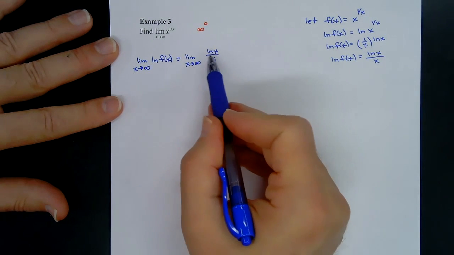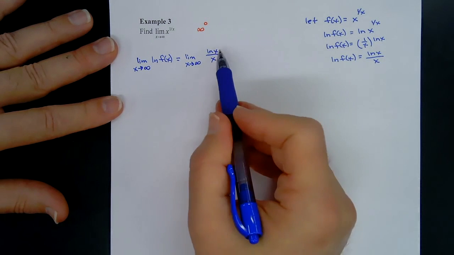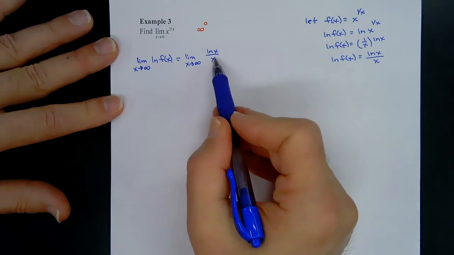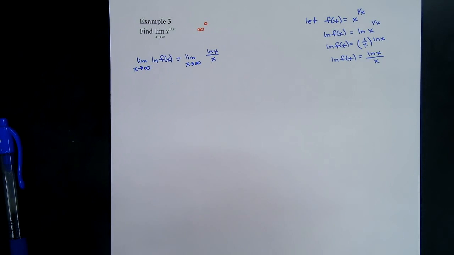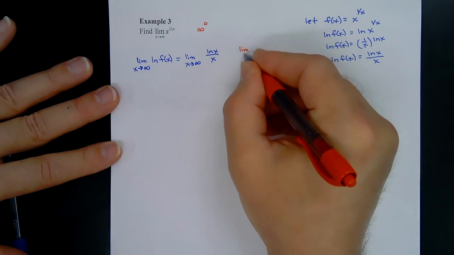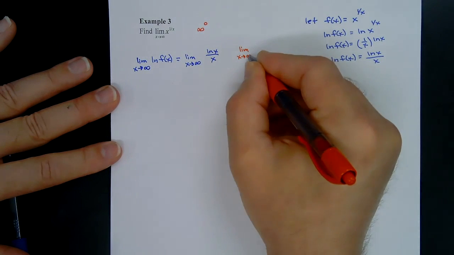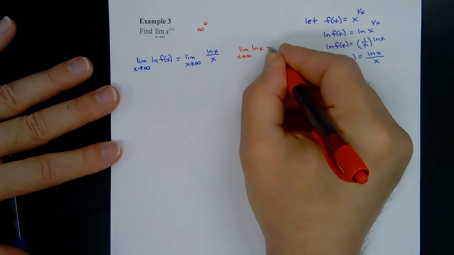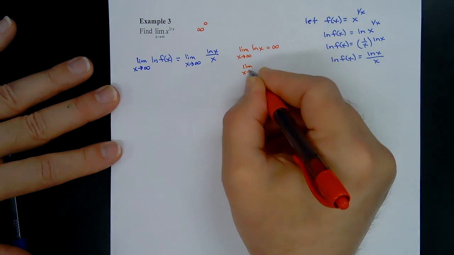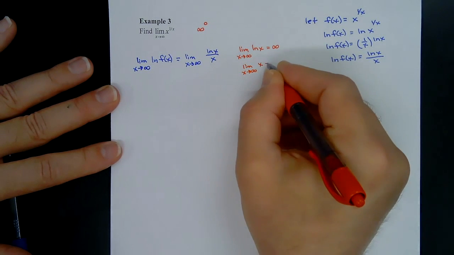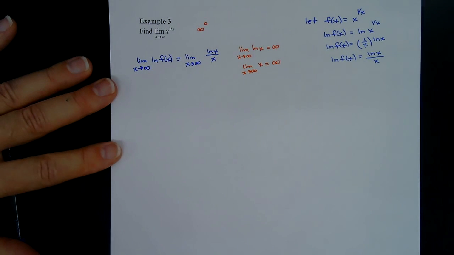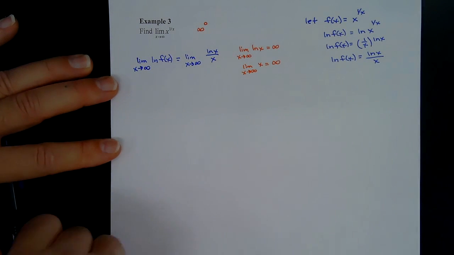Well, the graph of ln of x keeps growing as x gets bigger and bigger, up, up, up. So this is going to be infinity, and this one's also going to be infinity. So we have infinity over infinity. So we have to write the limit statement: the limit as x approaches infinity of ln of x is equal to infinity, and the limit as x approaches infinity of x is also equal to infinity. Because we wrote this, now we can apply L'Hopital's rule.